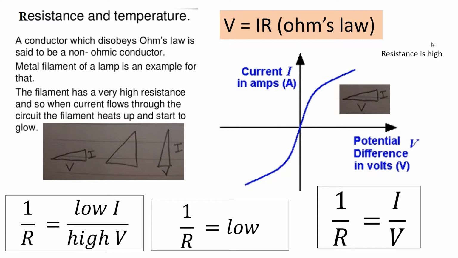So that implies that 1 over R is very low because the gradient has a small value, and then because you need to do the inverse of the gradient, R becomes very high. So R, the resistance, is very high for an IV characteristic of a filament lamp.